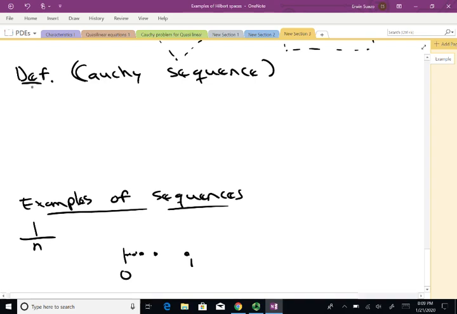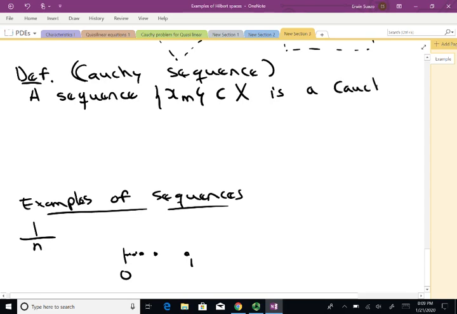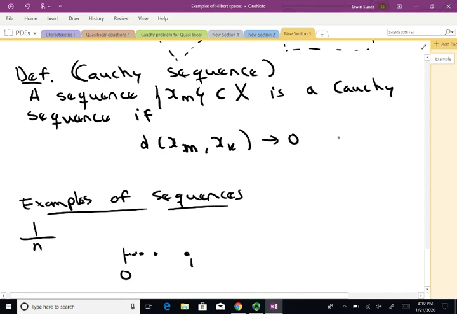A sequence, let's call it x sub m, of elements of x, is a Cauchy sequence if the distance between any two of its points, x_m and x_k, goes to 0 as m and k go to infinity.